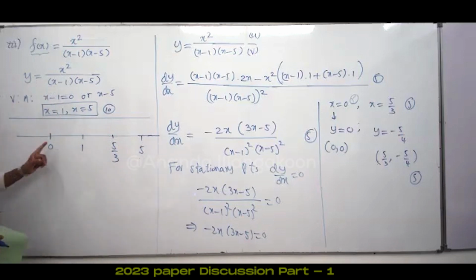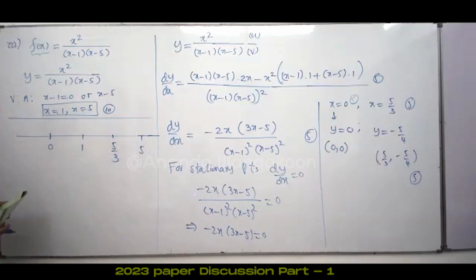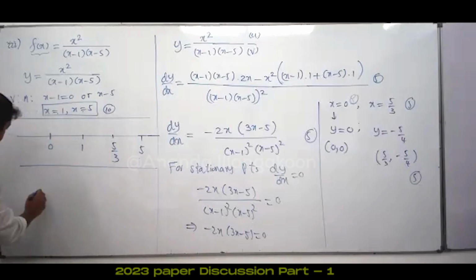How many regions are there? 1, 2, 3, 4, 5. In the table, there are 5 ranges, no? Then prepare the table like this now.